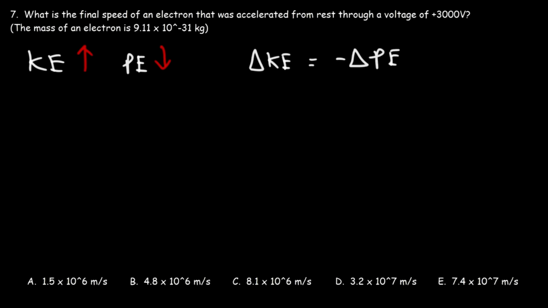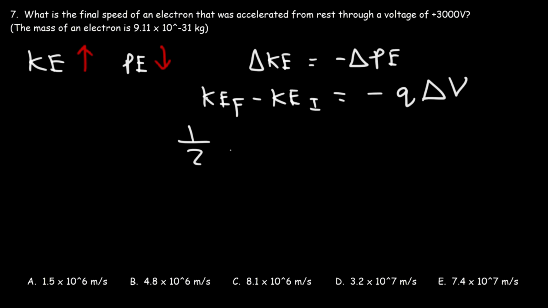So to make the equation equal to each other on both sides, we need to introduce the negative sign. Now the change in kinetic energy is going to be the final kinetic energy minus the initial kinetic energy. And we know the change in potential energy is basically Q times the voltage, or the change in potential.